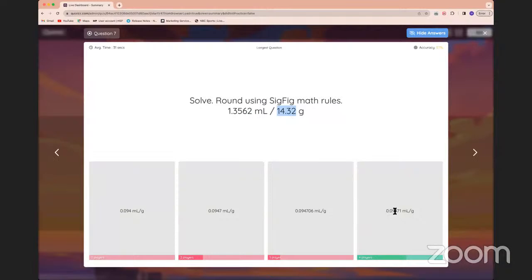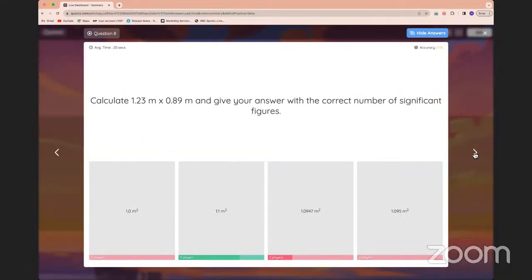And that happens to be this answer. So this is the correct answer. When you multiply, the same rule applies. So 2 significant figures multiplied by 3 significant figures, the answer should have 2 significant figures.